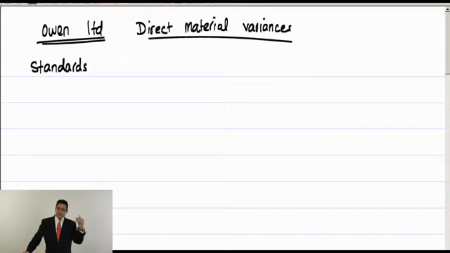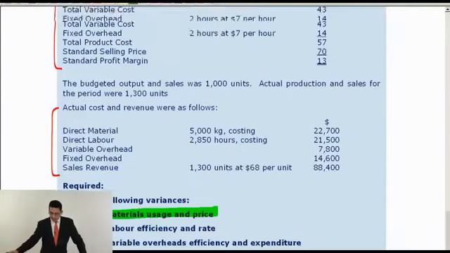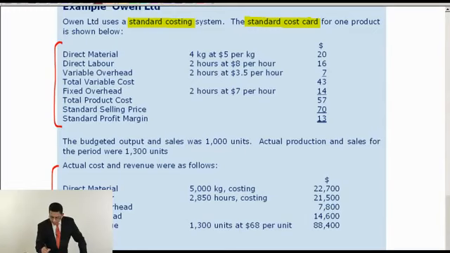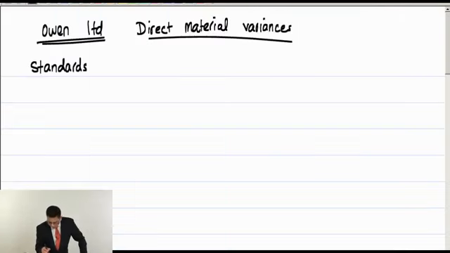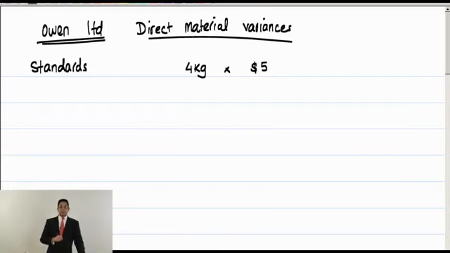So for the direct material, standards were written in this way: 1 unit will use 4 kilos and the price will be $5. So we can say usage was 4 kilos and price was $5 per kilo.